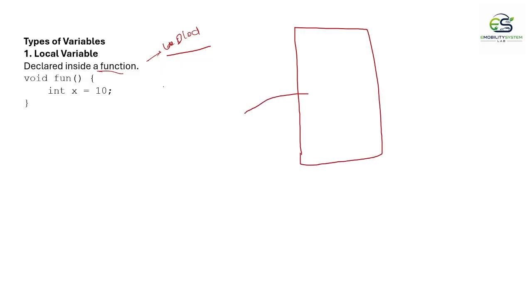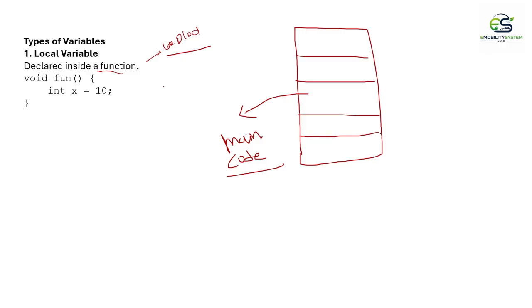Suppose this is your main code, your complete main code. This complete program is divided into function blocks. This is one function block, this is the second function block, this is third, fourth and fifth.